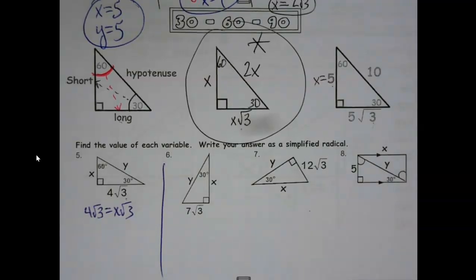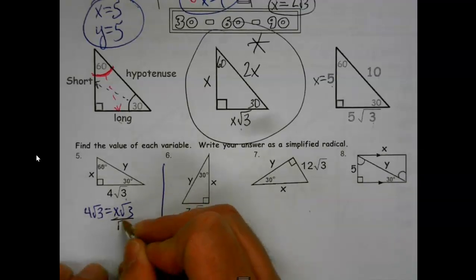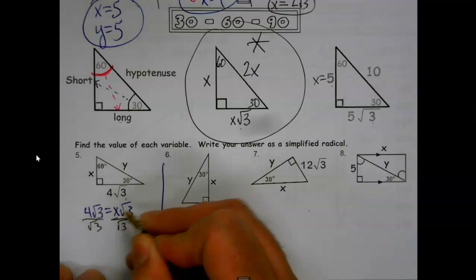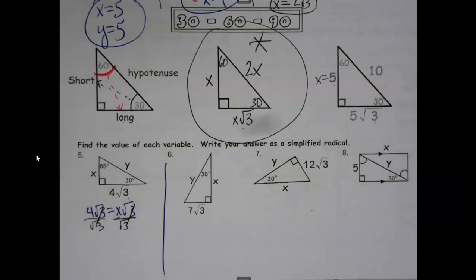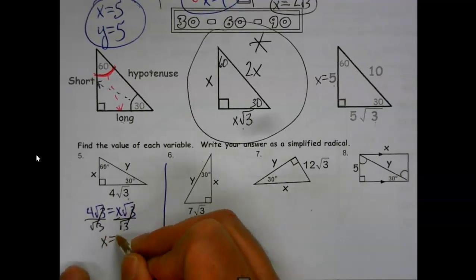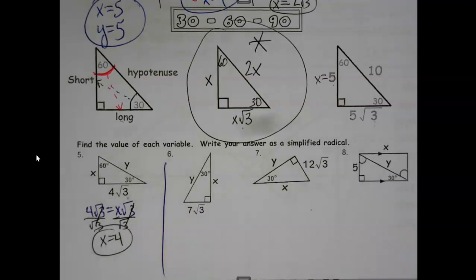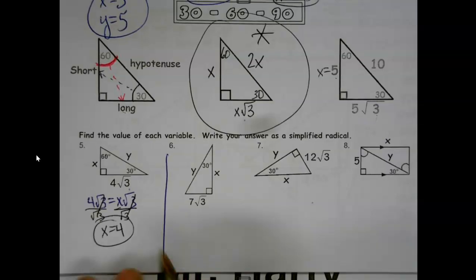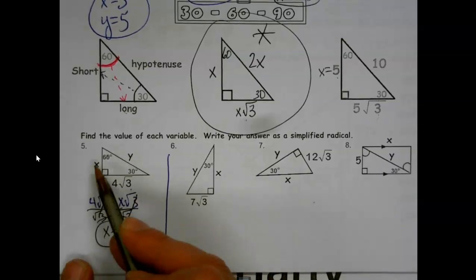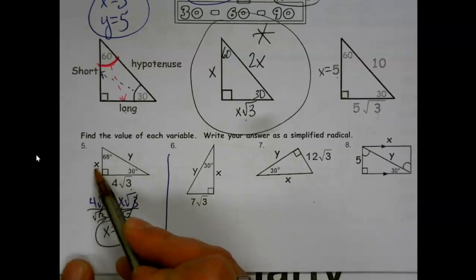Which is fortunate for me in this case because if you divide by the square root of 3 to get x alone, the square root of 3's go bye-bye. I can get my 4 for my x really quickly. And y is just 2 times x.